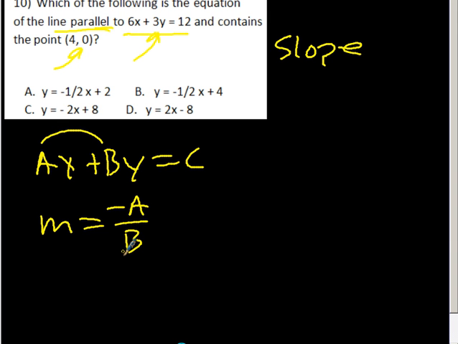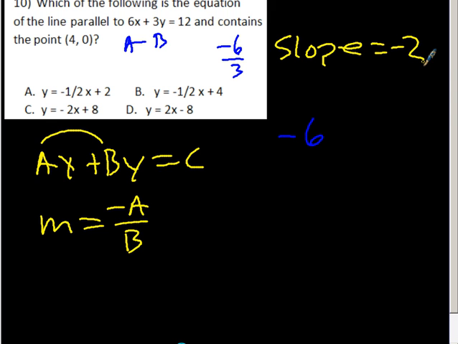You can solve, and I will do that too. But negative A over B, A is 6 and B is 3. So negative 6 over 3, slope is negative 2.